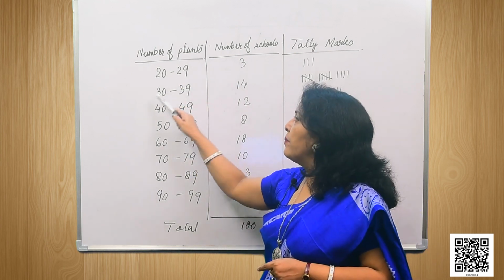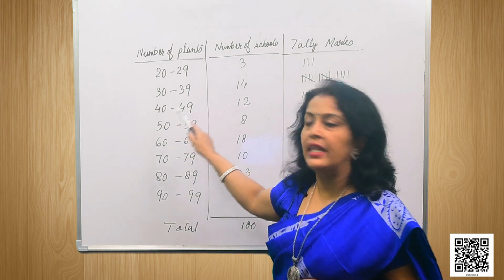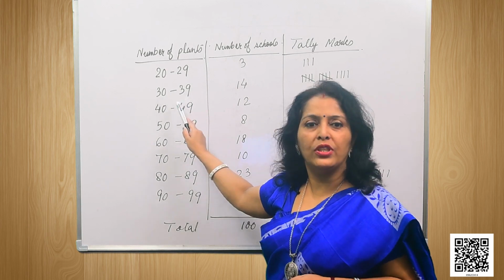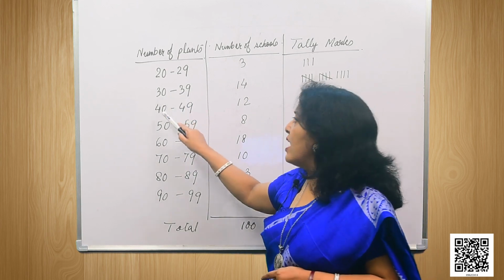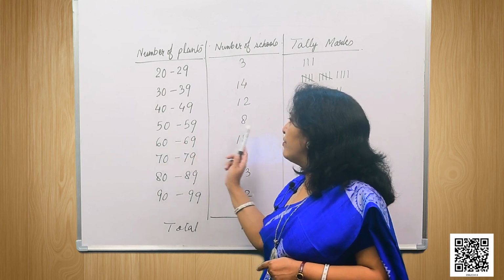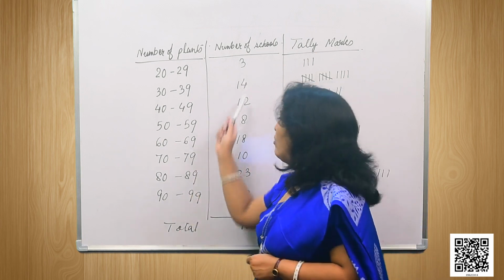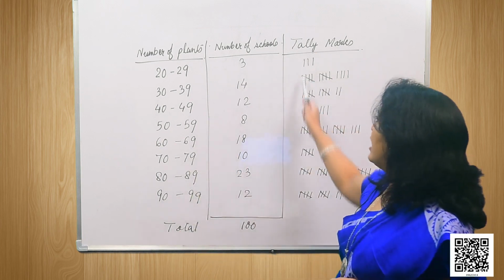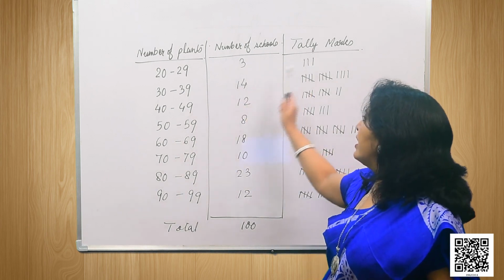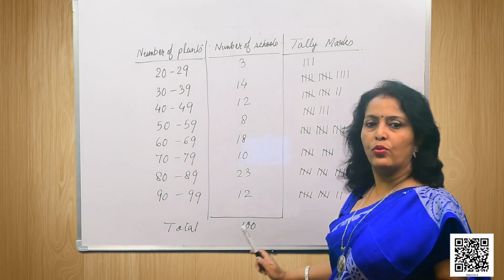Next I have made the class 30 to 39, and here there are 14 schools. For the next class 40 to 49 there are 12 schools, 50 to 59 there are 8 schools, and so on. Along with this I have drawn the tally marks for the frequencies also.